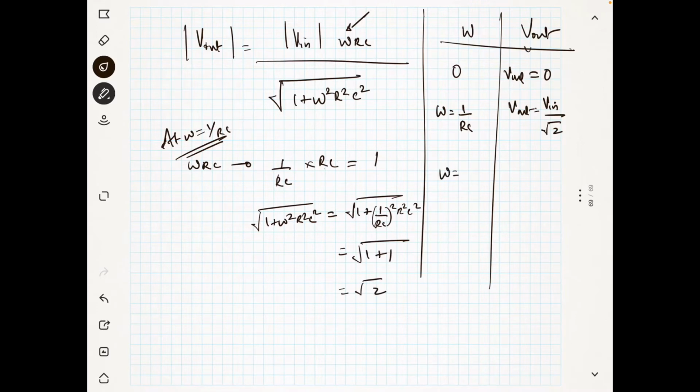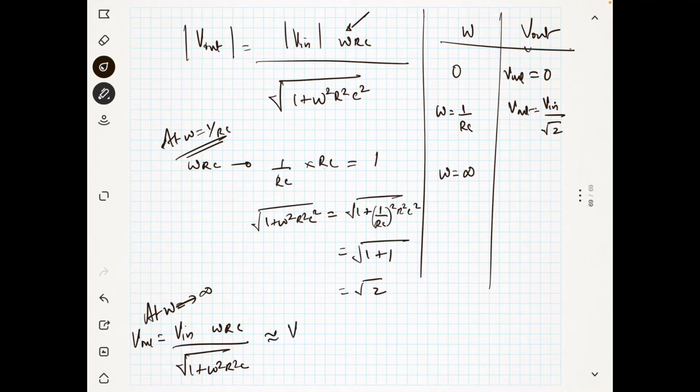Now when omega tends to infinity, V out is equal to V in into omega RC divided by square root of 1 plus omega square R square C square.